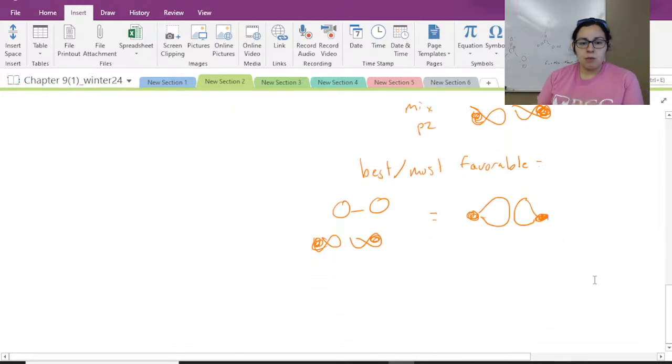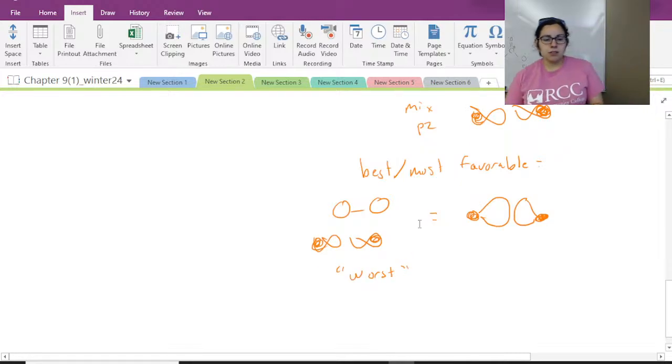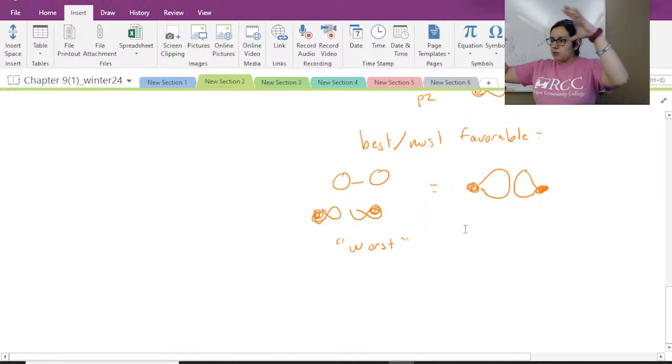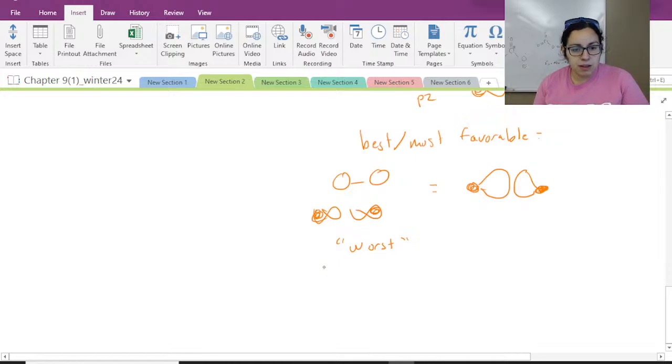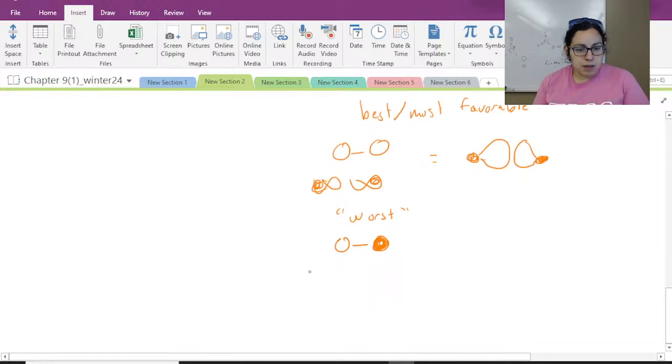Now, this is the best combination, but what's the worst combination? The worst combination is when the two lobes in the middle are out of phase. How can that happen? If our s orbitals are out of phase, and our p orbitals are out of phase, but then they're in phase with the bad combination, so they're matching, this makes the absolute worst combination.